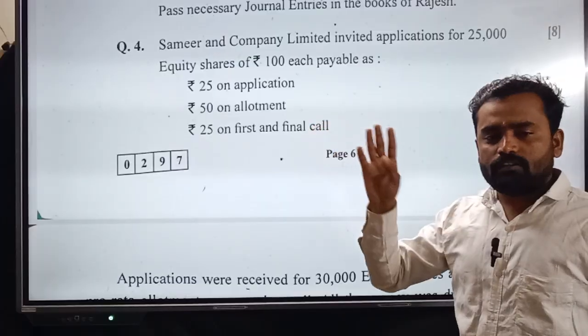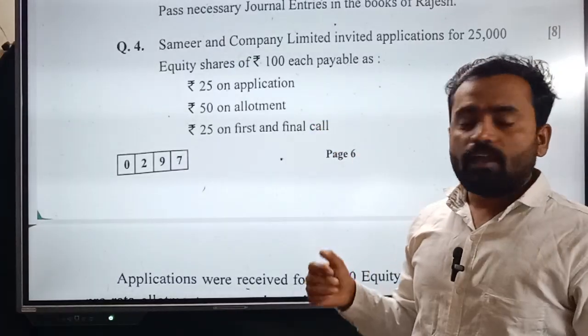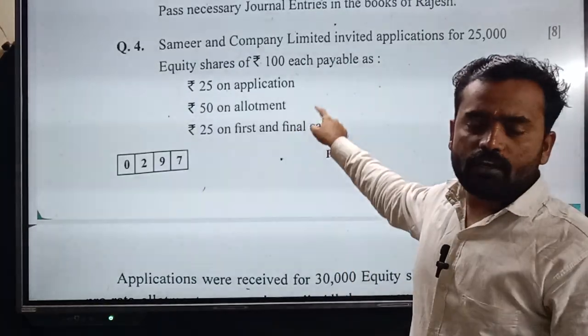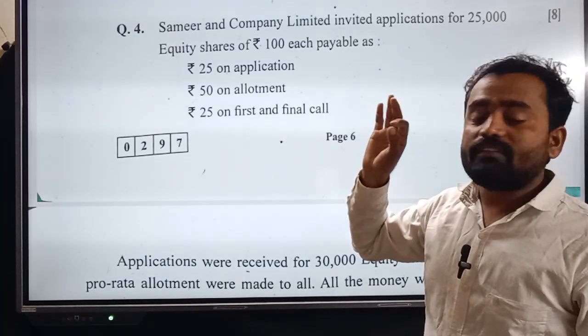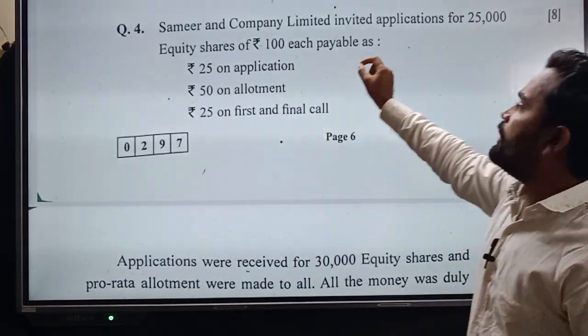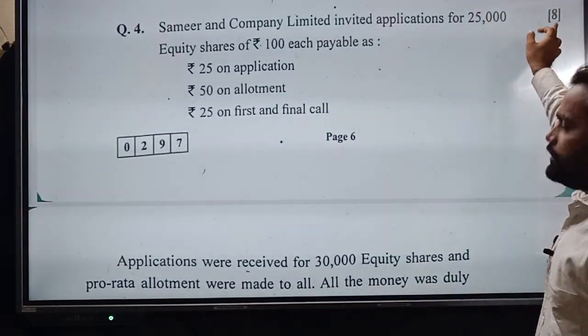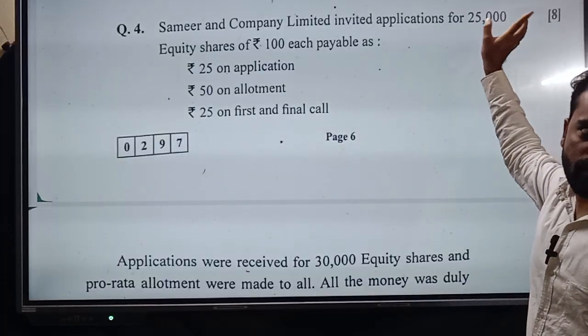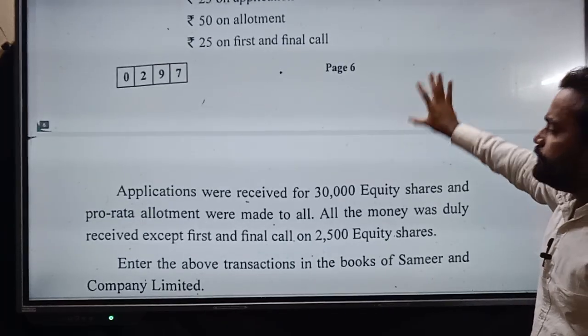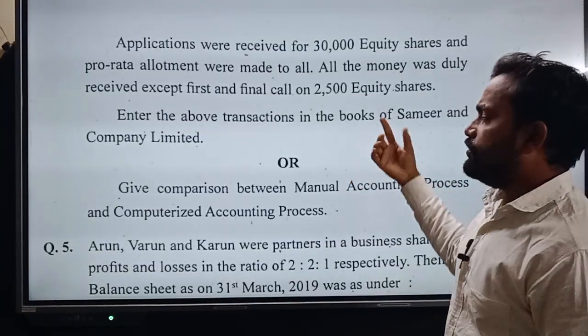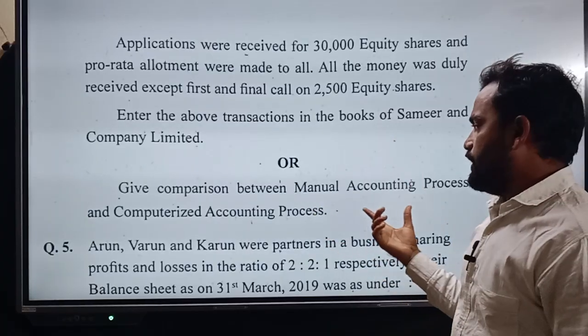In these 3 steps, 6 entries will be there, and then 2 entries are compulsory, means 8 entries will be given in question number 4, and this question is for 8 marks.